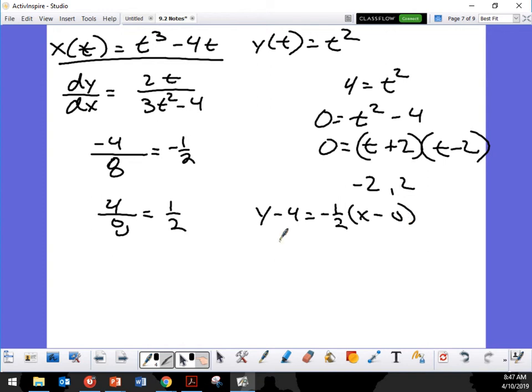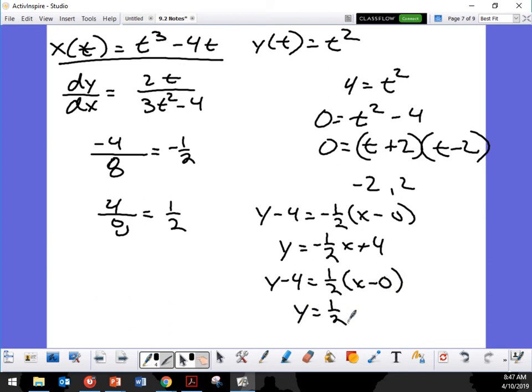So I get y equals negative 1/2 x plus 4. For the positive one, y minus 4 equals positive 1/2 x minus 0, so y equals positive 1/2 x plus 4.